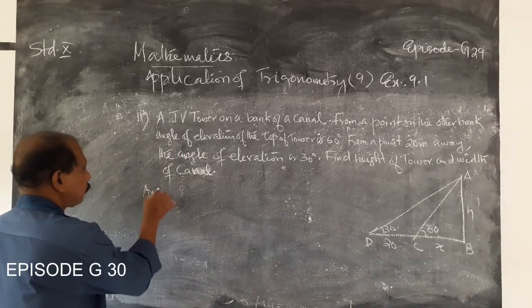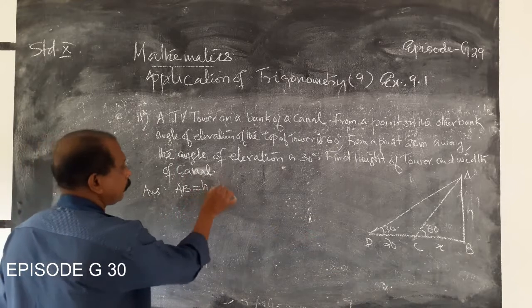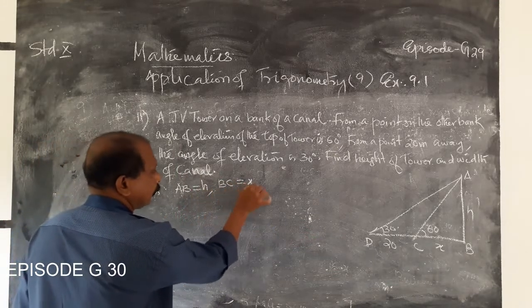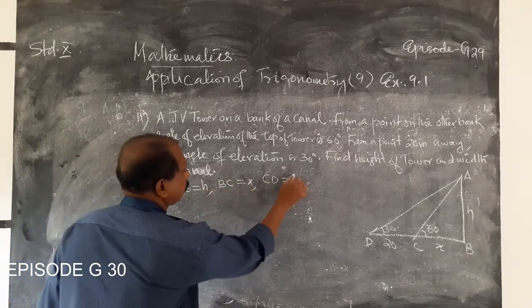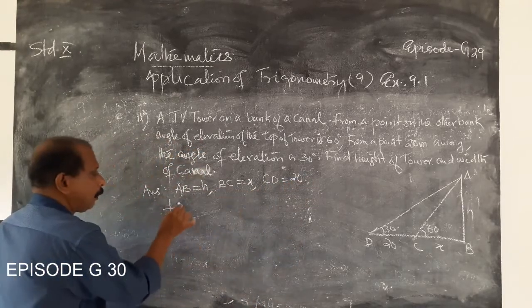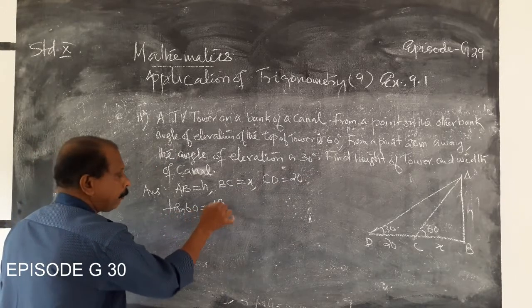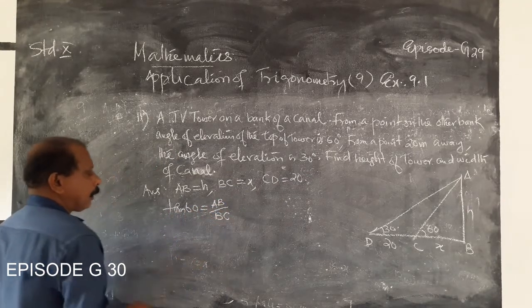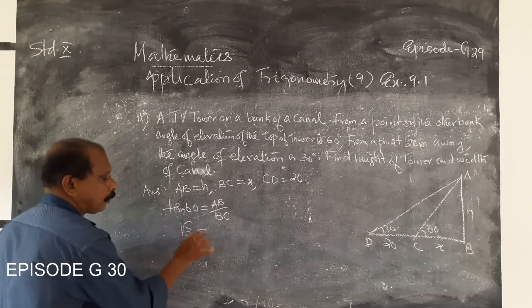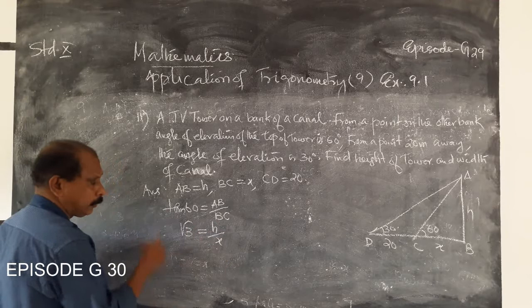Answer: AB is equal to h, BC is equal to x, CD is equal to 20. Therefore, from the first triangle, tan 60 is equal to AB by BC. Tan 60 is root 3, equal to AB, that is h, by BC, that is x. Cross multiplication, same as the previous question.